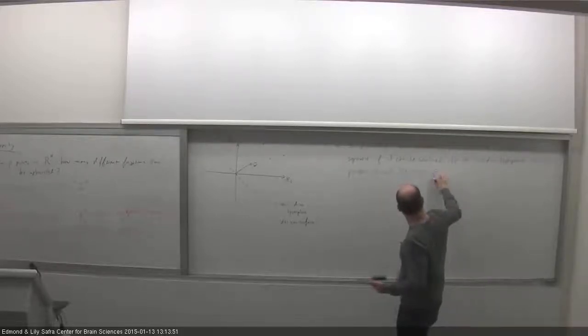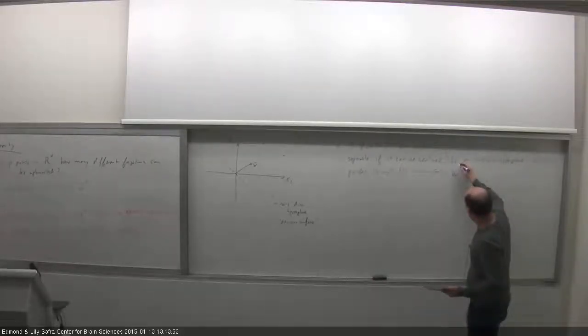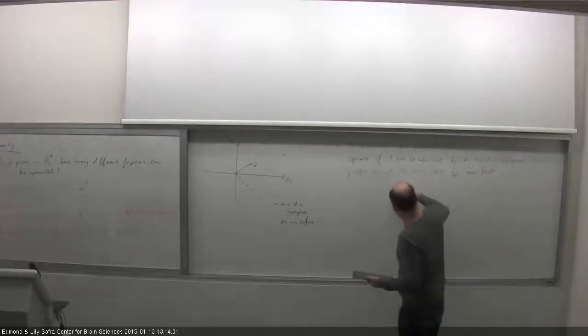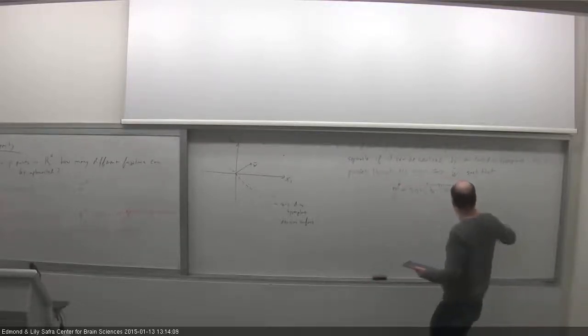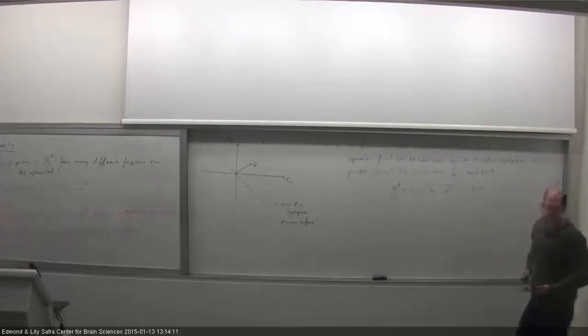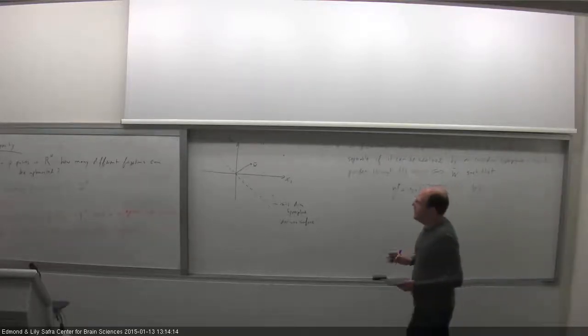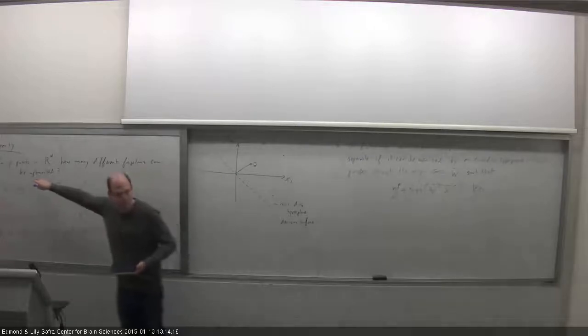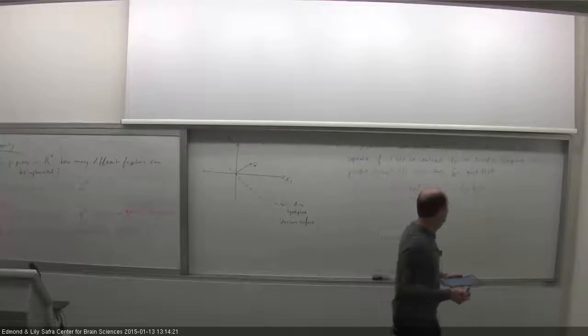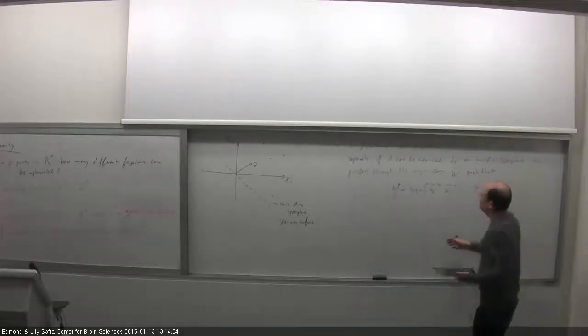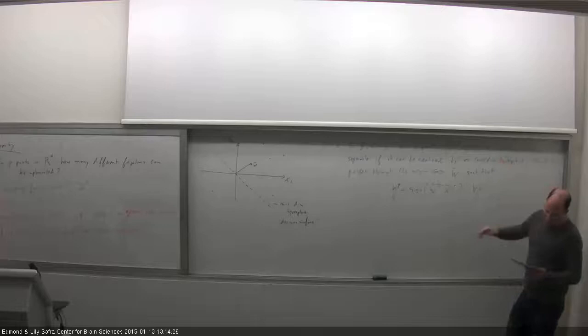Or in other words, if there is some W such that y mu is equal to the sign of W transpose x mu for all mu. So this is just another way of saying it can be implemented by a binary perceptron, which is what we call linearly separable.